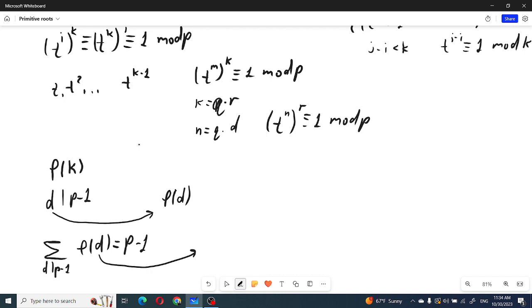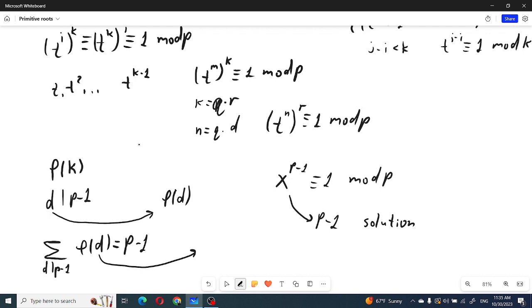But we don't know that for every d there is some integer t which has order exactly d. But we know that x to the p minus 1 equals 1 mod p has exactly p minus 1 solutions because of Fermat's theorem. And if we sum up all the orders of every integer, like f of d, then we must get p minus 1.